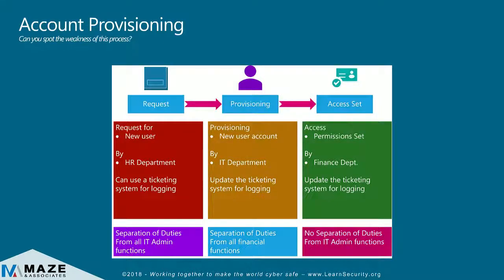They may even still have the ability to change passwords. And I've actually seen in some situations like this, they still have the ability to create user accounts. So if you are going to use this kind of control, you have to make sure that your financial application does have those separations. On top of that, IT may also be able to override after creating an account, possibly getting into the financial application and then changing or adding permissions to the account that they provisioned.